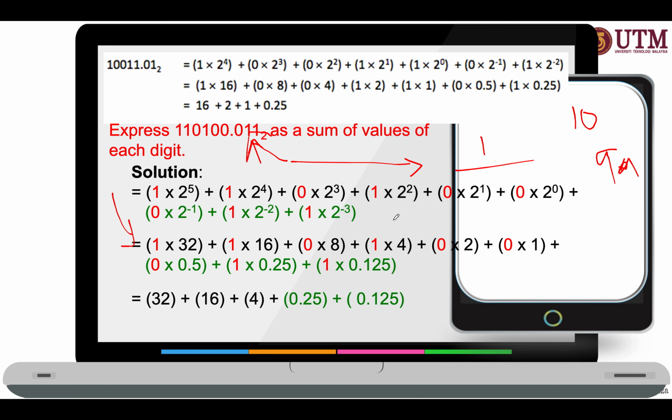Although you write it on rough paper, or you directly convert it using your calculator, you lose 9 marks because you did not show your steps on how you got that answer. So the steps are very important.